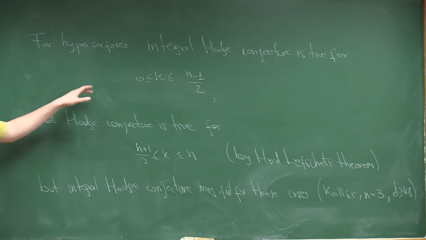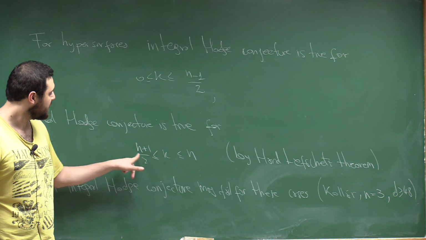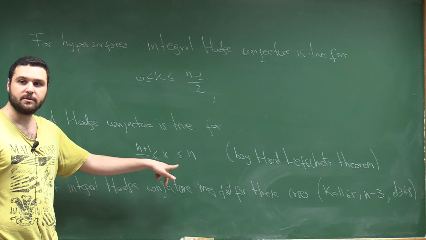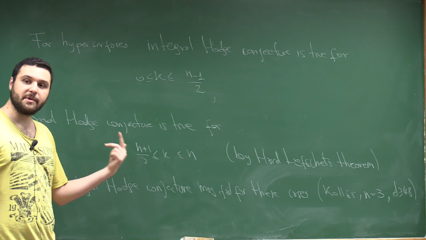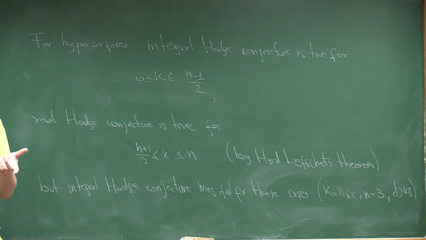And how is that possible? It's only possible at this level, right? For k equal to 2, so it's a codimension 2 thing inside a threefold. It's a curve. He proved that there are 2-cycles that are Hodge with integral coefficients, but which are not algebraic.